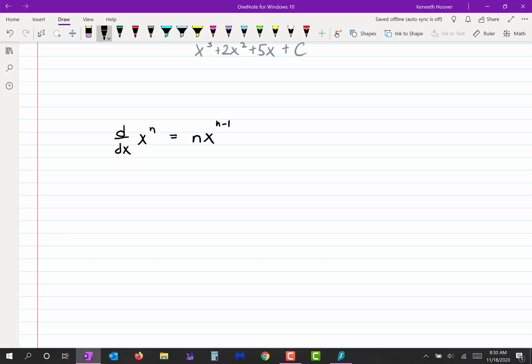So, in that case, what would be the integral of x to the n with respect to x? So, let's think about this. When you're doing the derivative, you subtract 1 from the exponent. So that means when you're doing the integral, you must add 1 to the exponent.